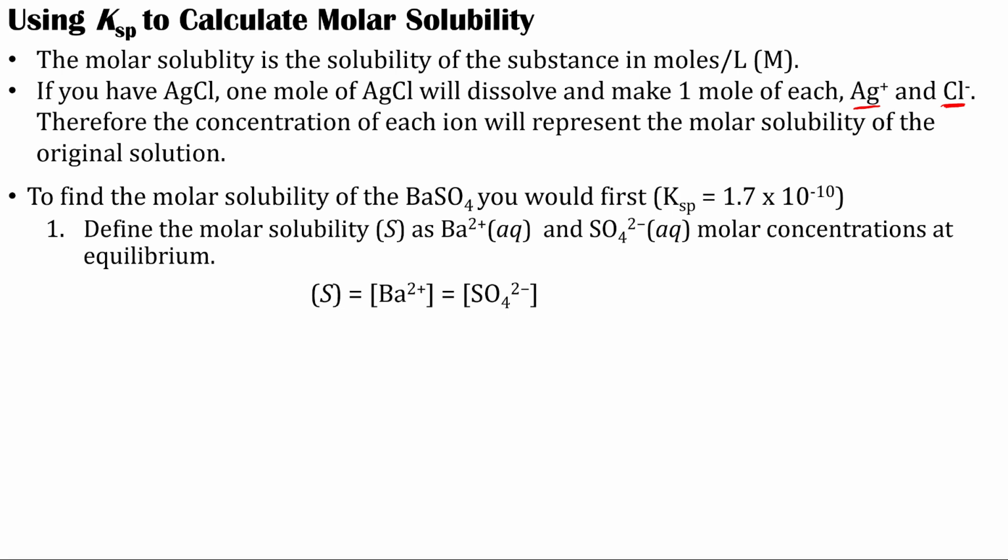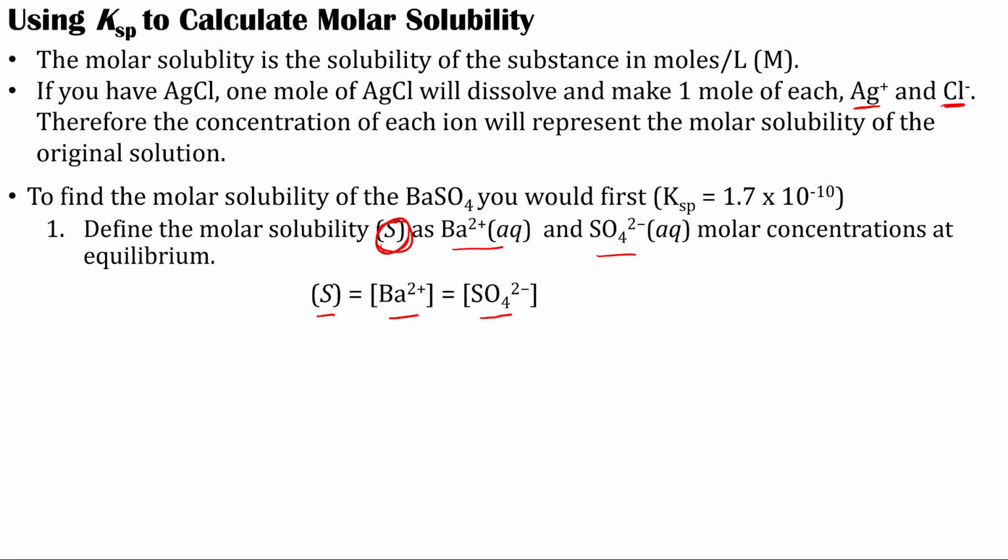Therefore, the concentration of each ion will represent the molar solubility of the original solution. So to find the molar solubility of barium sulfate, you would first define the molar solubility. We're going to define it as S, as the barium concentration and the sulfate concentration. So we're saying, okay, S is going to be equal to barium ions and sulfate ions.